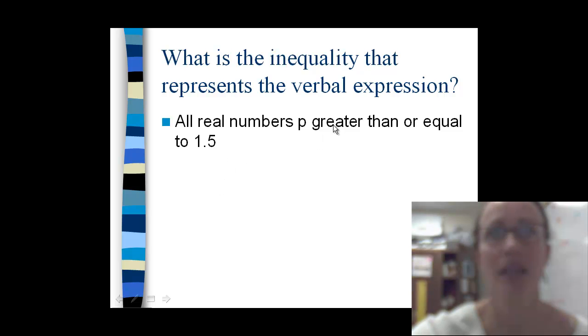So that means that it's eating the P. Your elementary teacher probably taught you that the alligator eats the bigger number. And because it says or equal to, we are going to draw a line under it, meaning that it can actually be 1.5.